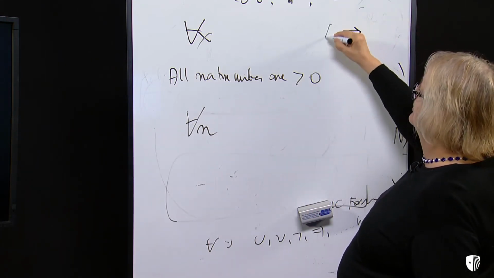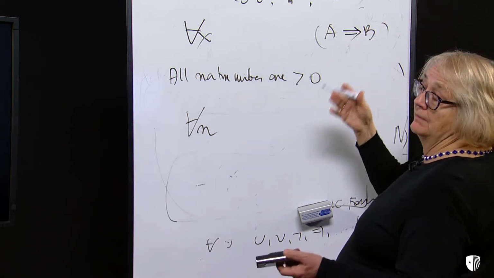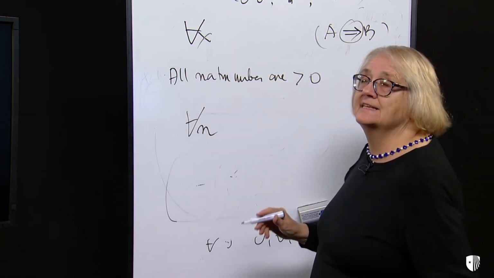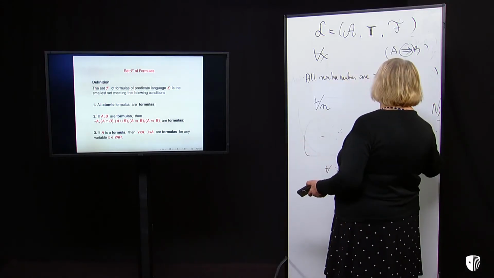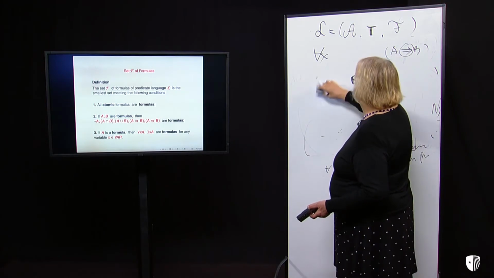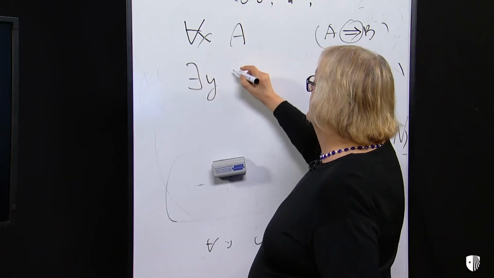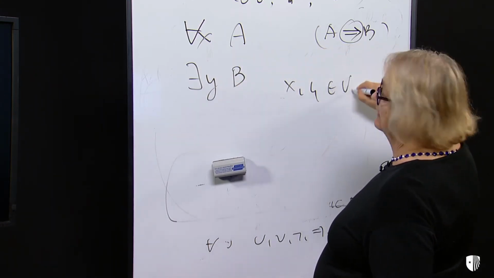That's the same. And here you have A implies B, which is a formula. So this is a sign of implication, and this alone is a sign of a quantifier. To form formulas, you need to put a variable, and the same for existential, whatever you want; x, y are any variables.